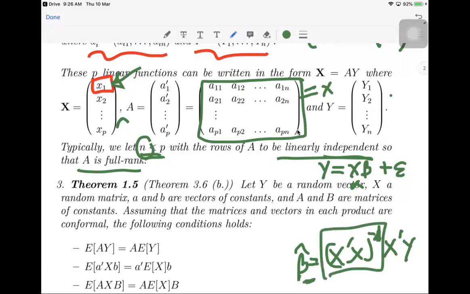So our design matrix X needs to be full rank, so that X prime X will be invertible and X prime X inverse will exist. However, in regression this is usually satisfied, but in ANOVA, the design matrix will not be of full rank. There are linear dependences among the entries of your design matrix.